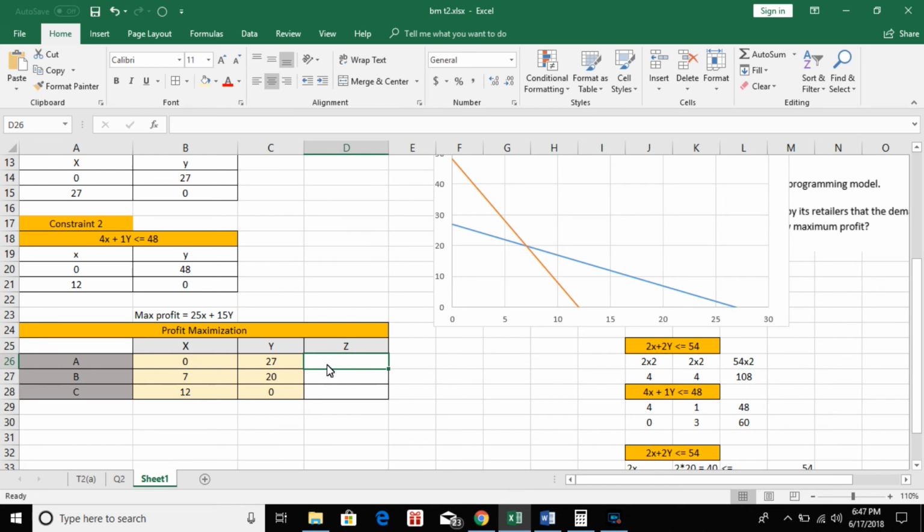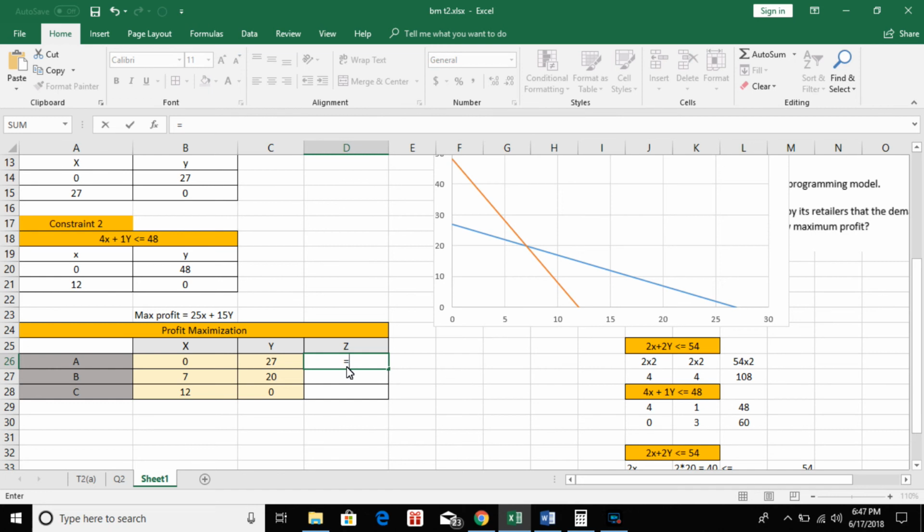Now I will use this objective function to find at which point we are getting the higher profit. We just have to put the value of x in x and the value of y in y, and then by using the formula we will get the profit amount.